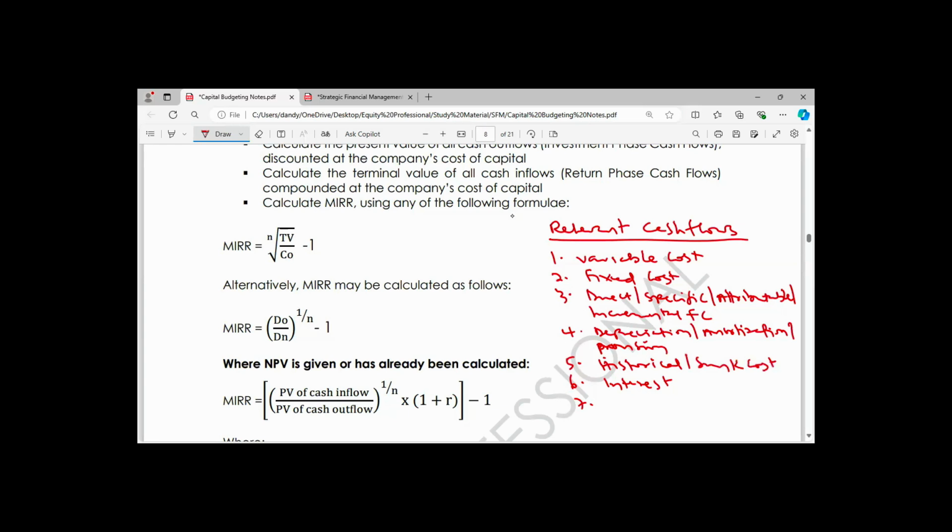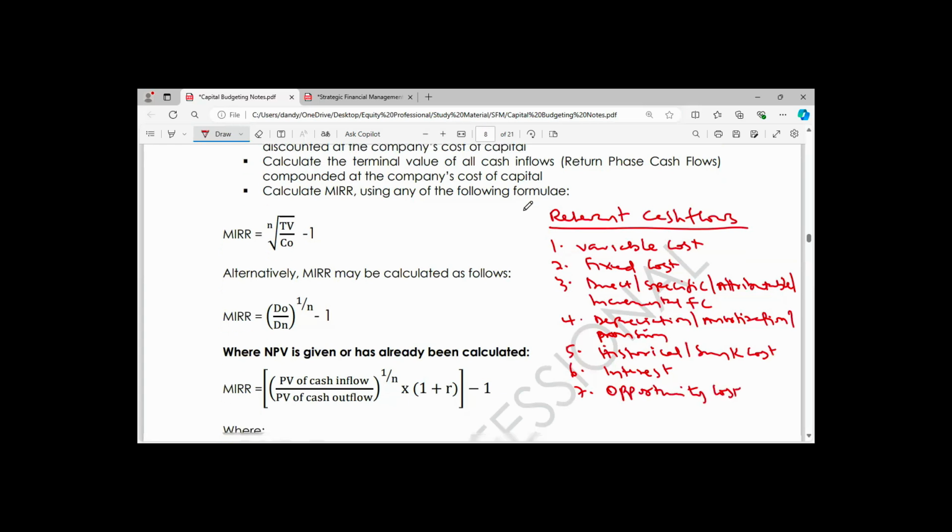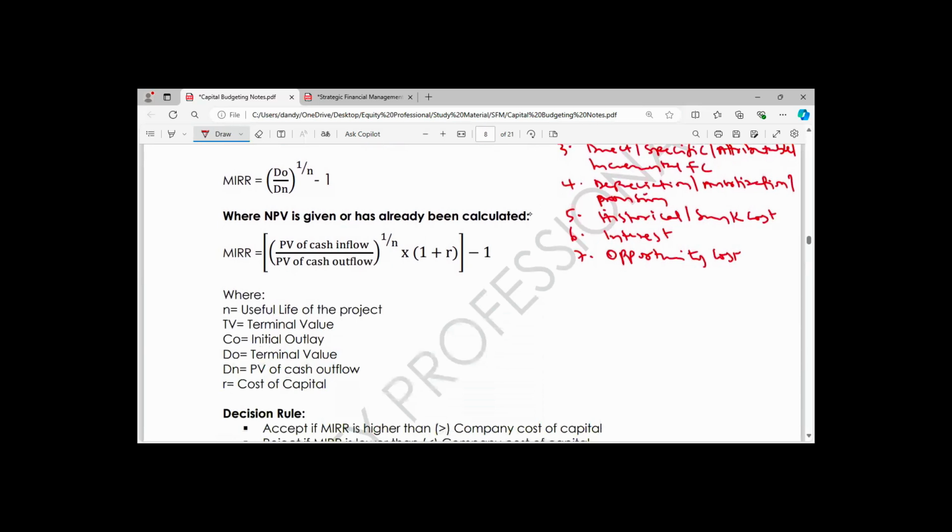Number 6, we talk about interest. Then we'll talk about opportunity costs. Then finally, working capital. So let's pick it one after the other.